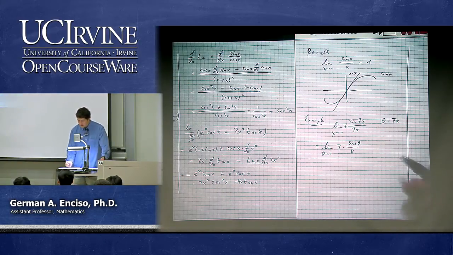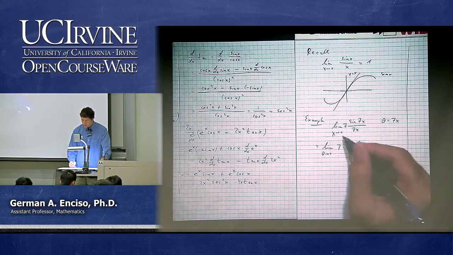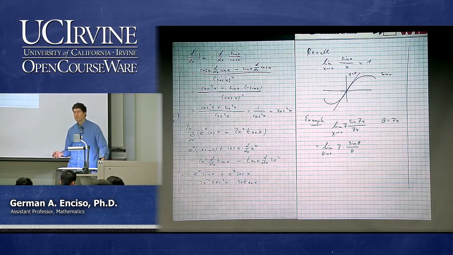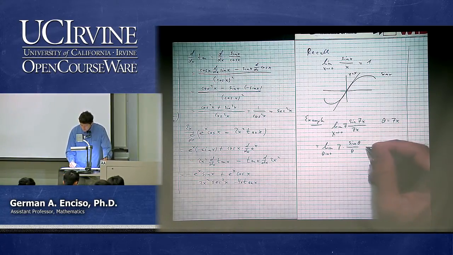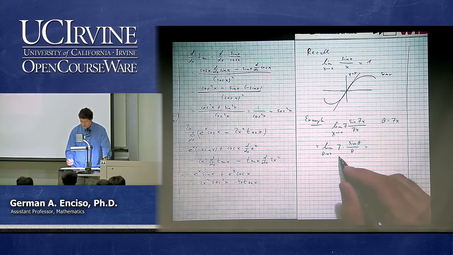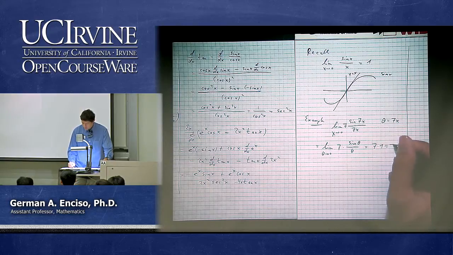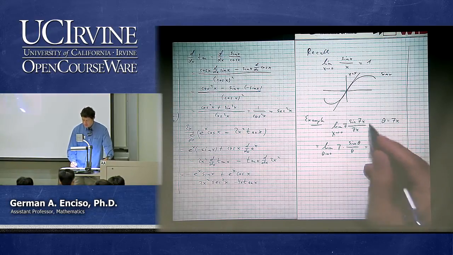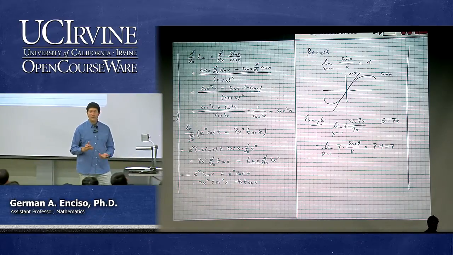You see, since theta is just 7 times x, having x go to 0 is the same thing as having theta go to 0. And this is converging towards 1, and the 7 is just 7. So the whole thing converges towards 7 times 1, which is 7. I find that surprising because this limit is supposed to converge to 1, but suddenly this slightly different thing converges to 7.